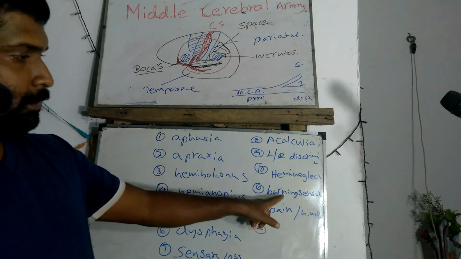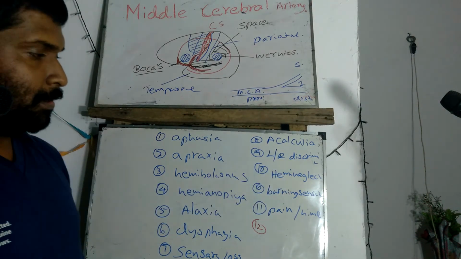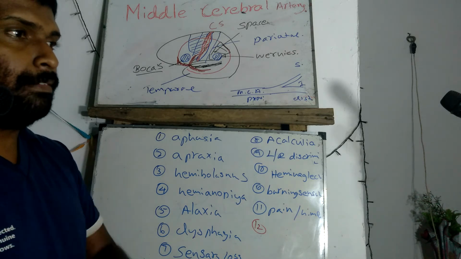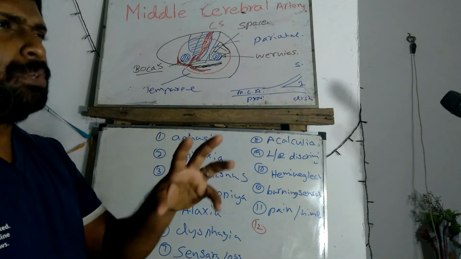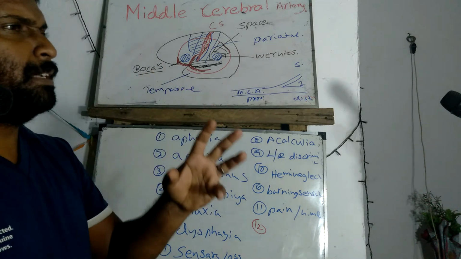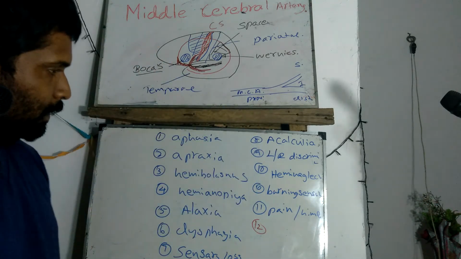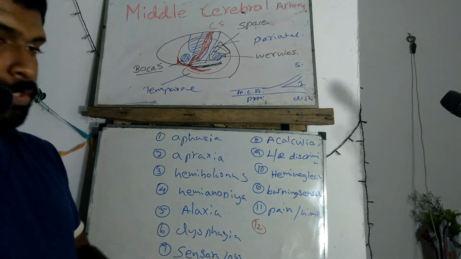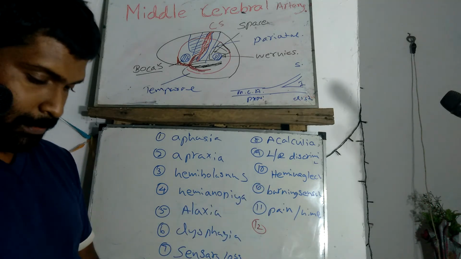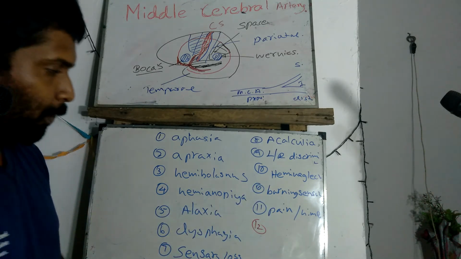Burning sensation: the contralateral face, hand and leg feel a lot of burning, troubling and irritating sensation. That is another most important point. Pain also on the hemi side, another special point.